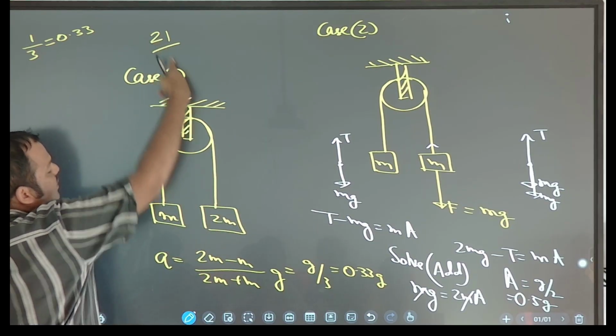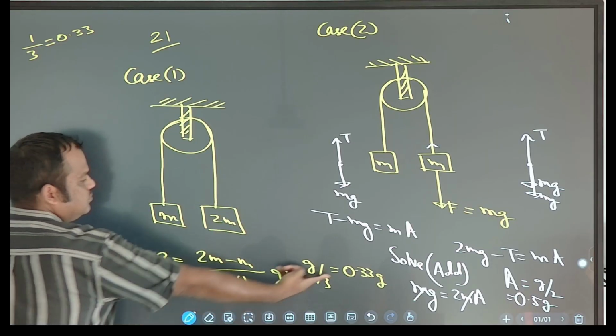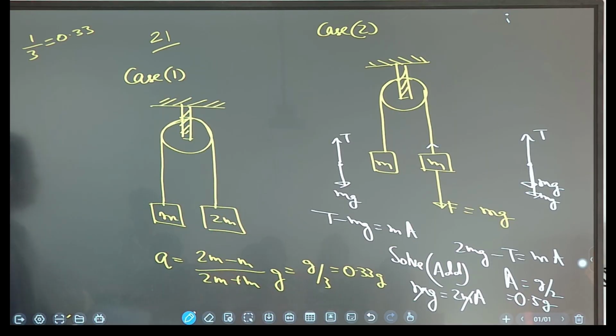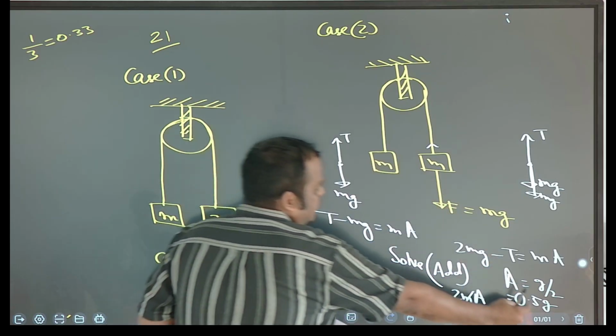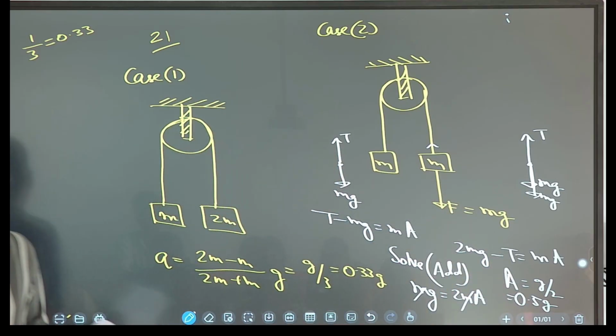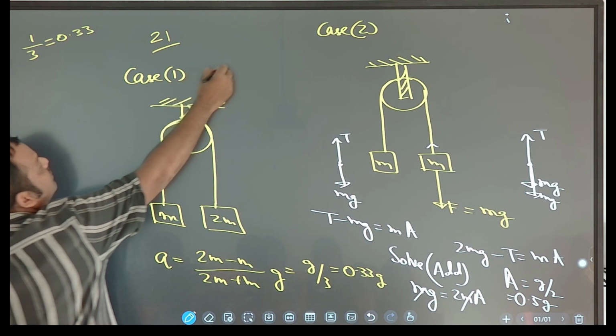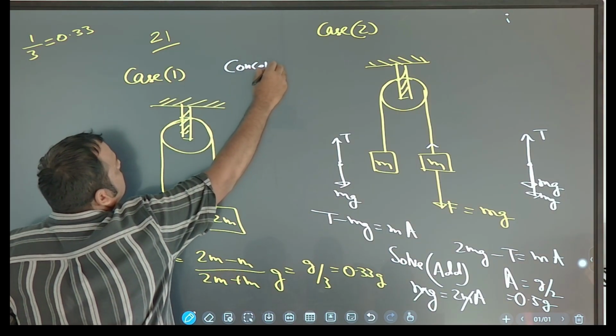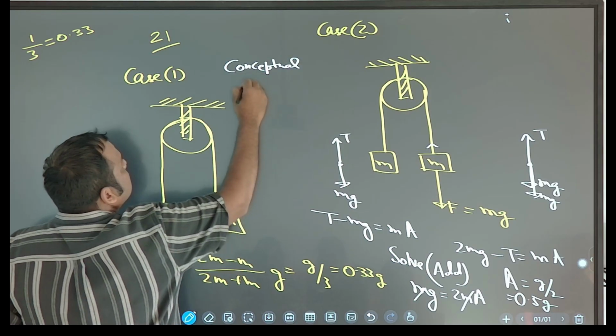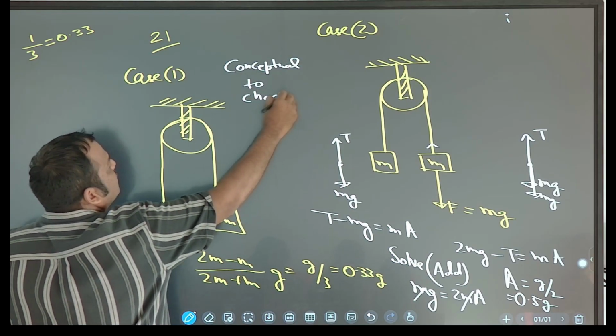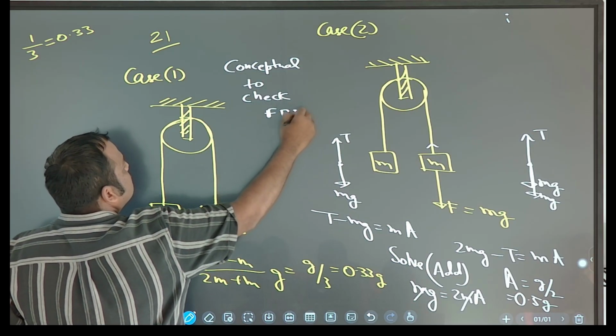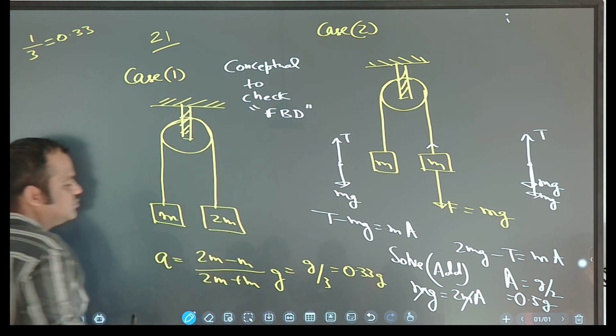What is acceleration in case 1? 0.33 G. Which is greater? 0.5 G greater. Are you getting? So this is a conceptual question to check FBD.